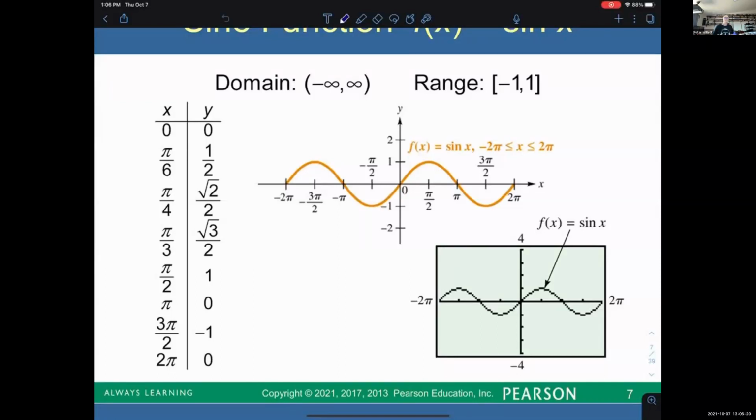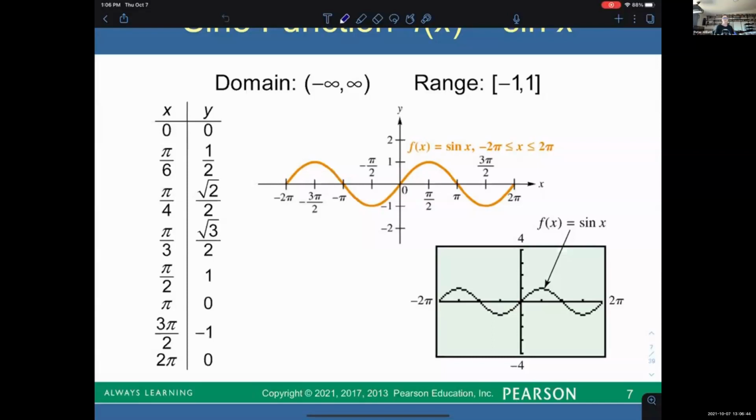So from negative 2 pi up to 0, that's one range of 2 pi, and you see one full cycle of the sine function. And then from 0 to 2 pi is another full cycle, because the period is 2 pi. So every time you go over 2 pi along the x-axis, you'll see one complete up and down cycle of the sine function.